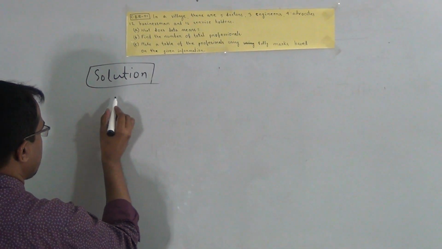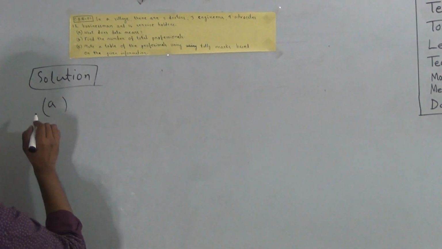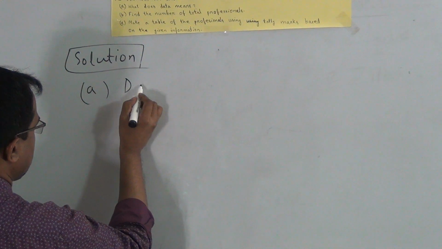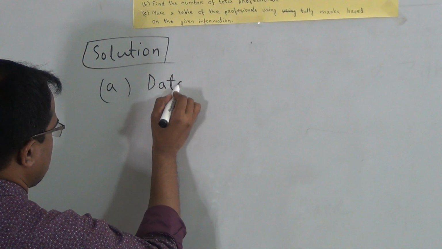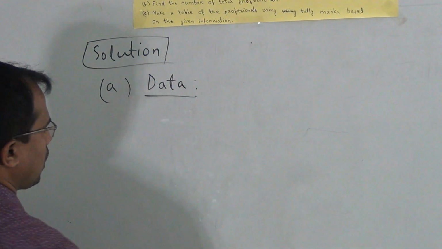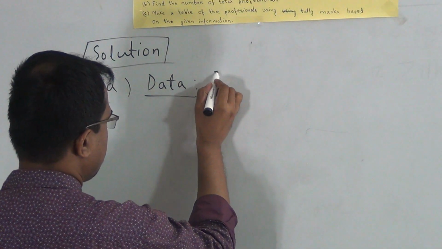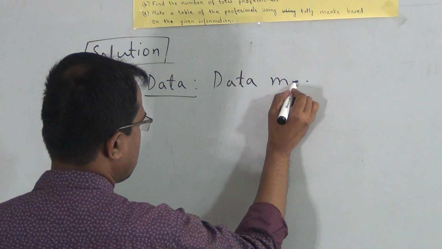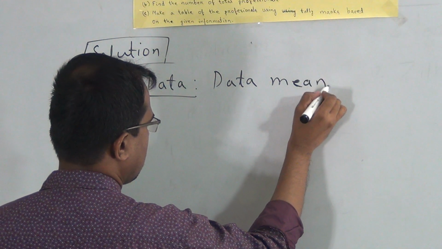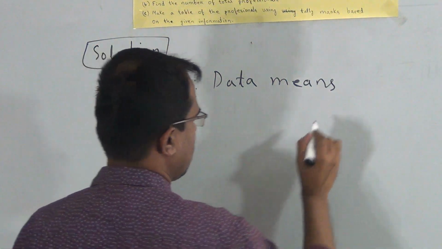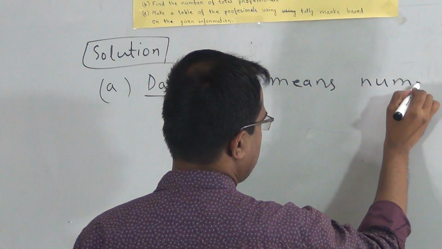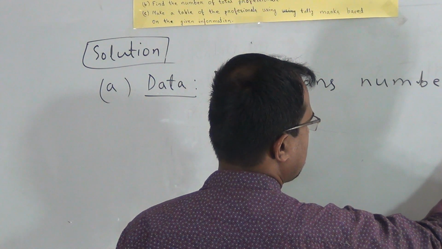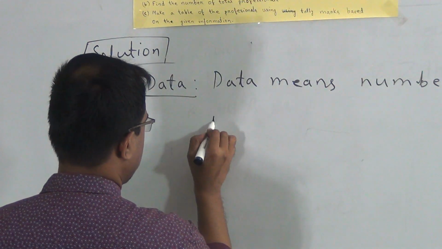At first, we will write the answer of A number. Here the question is, what does data mean? Data means number based information.